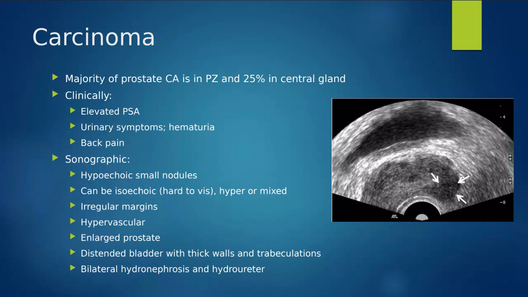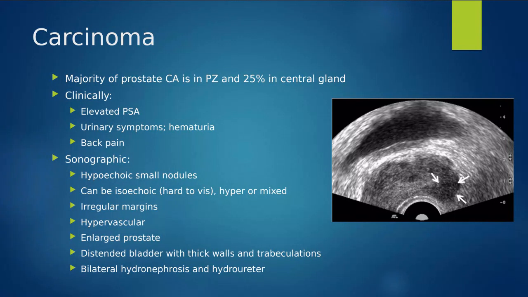They can be isoechoic, they could be hyperechoic, they could be mixed echogenicity, they could have irregular margins that kind of blend in with the surrounding tissue. So these really hide, and the main thing that's going to help us get a diagnosis is really going to be that blood work, getting back that PSA value. We could see these regions in the prostate become hypervascular, but again, we could very easily confuse that with the acute inflammation, right? Or the chronic inflammation.